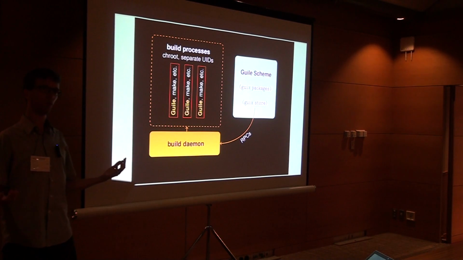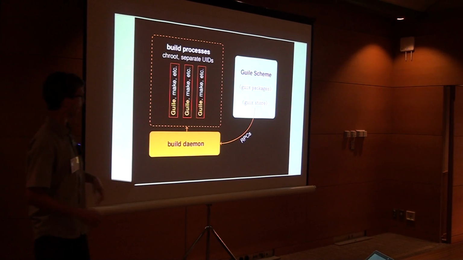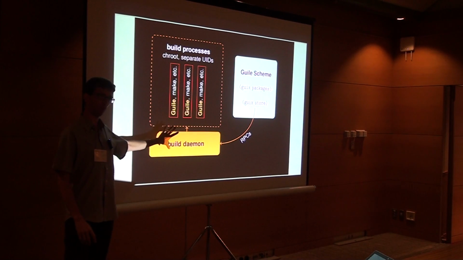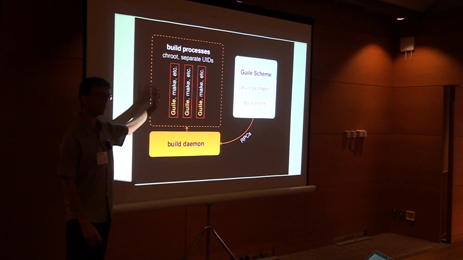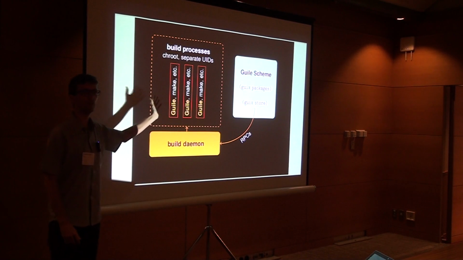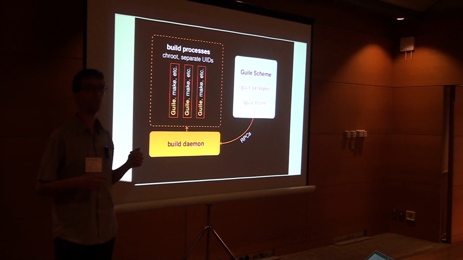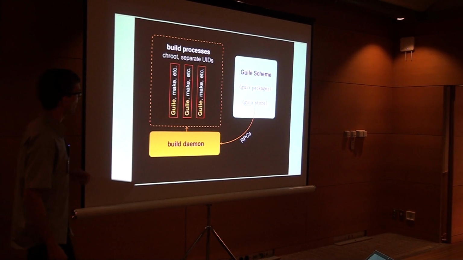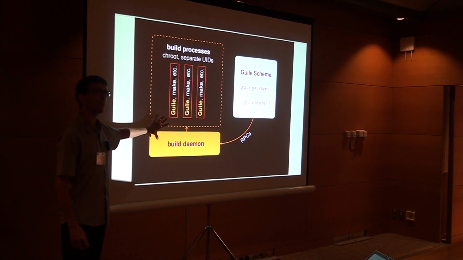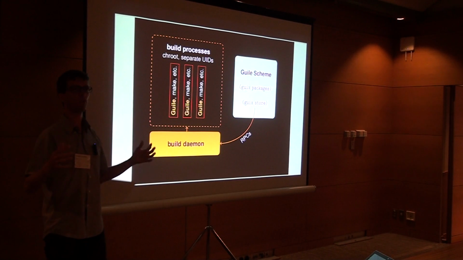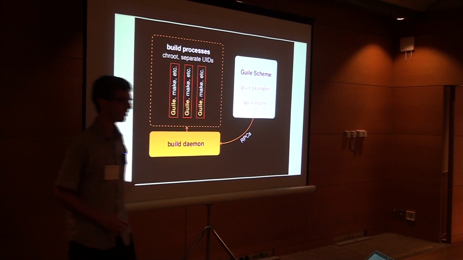So if you have a build script, for instance, that tries to use /usr/bin/perl, and you didn't provide Perl as an input to your package recipe, then it's not going to be able to use Perl, right? So you cannot have undeclared dependencies. And essentially, that's how we get that vision of a build process as a pure function.